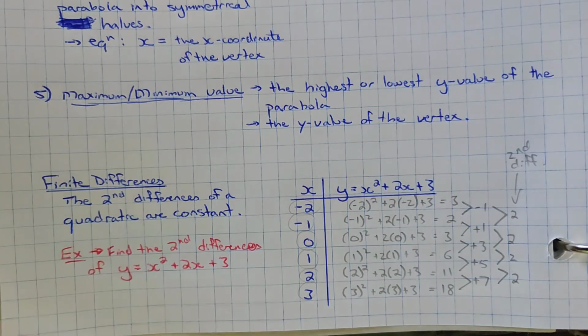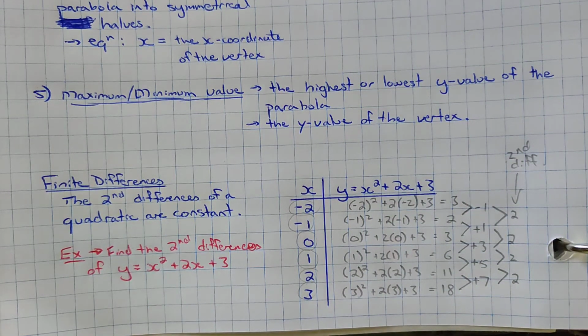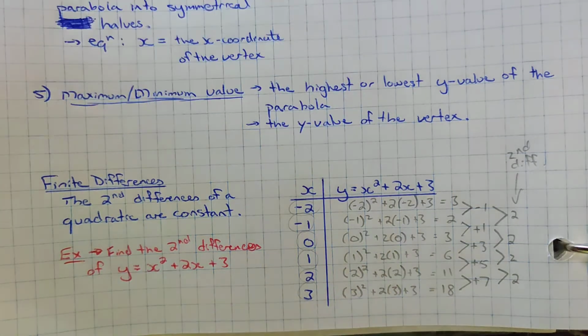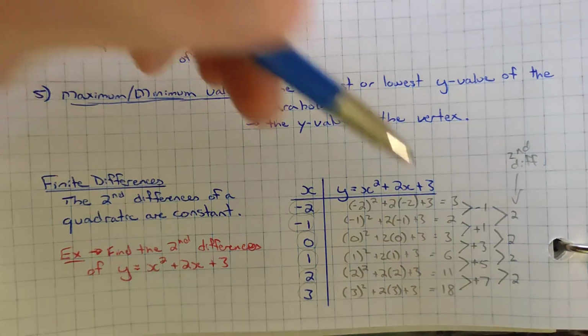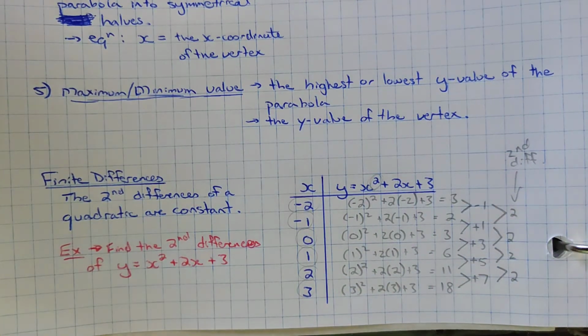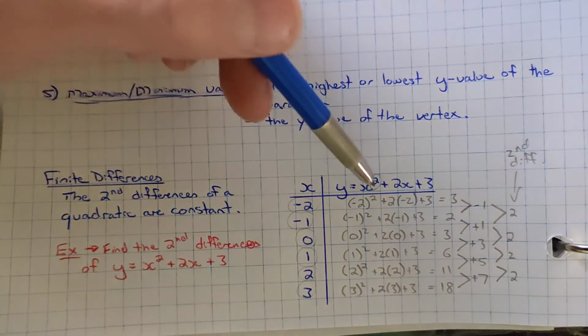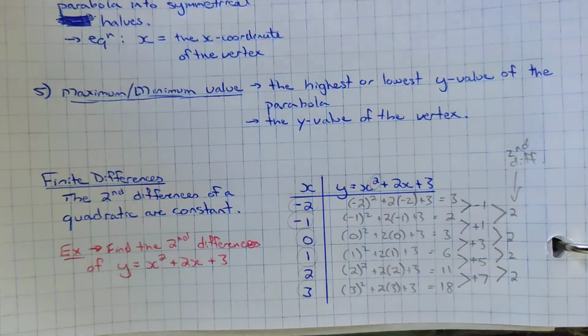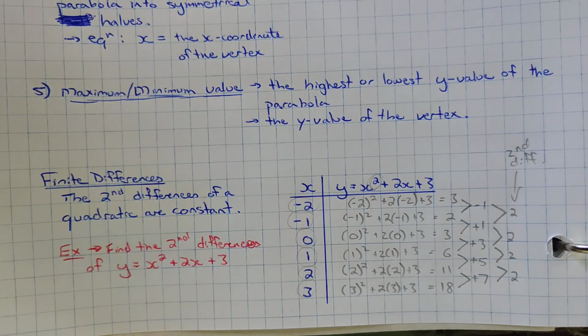They're all the same. Thus, we know from the table that this would be a quadratic equation. Again, we know because x squared is the highest power of x. There's no x cubed. There's no x to the 4. We have an x squared here as our highest power. And we have second differences that are constant.